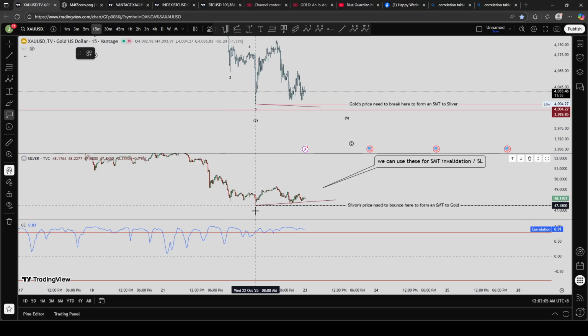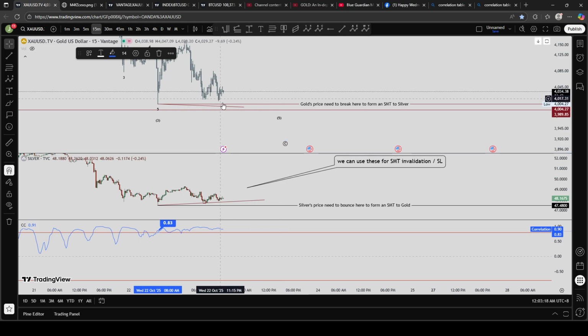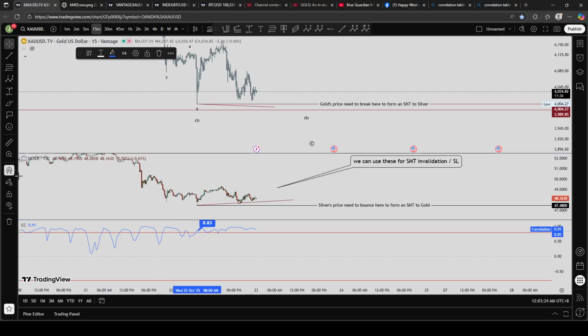If this is the pivot of your possible anticipated SMT, look for the price on that particular pivot. In this particular case, it's 0.83. And if ever the gold's price sweeps this low of wave 3 here, check its correlation value.